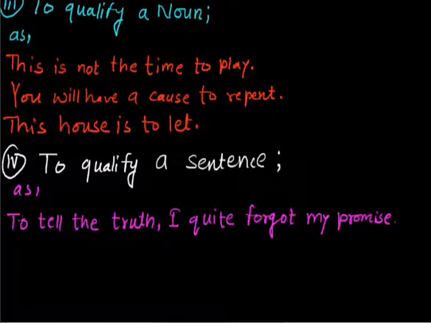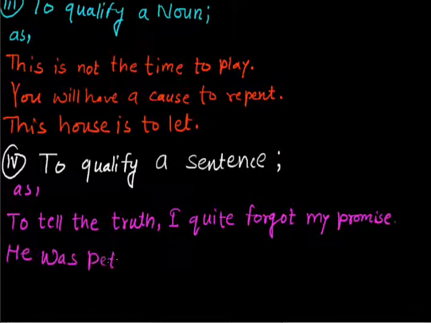One more example to prove the same point is: he was petrified, so to speak. In this sentence also, he was petrified is the sentence which is being qualified by the infinitive to speak.